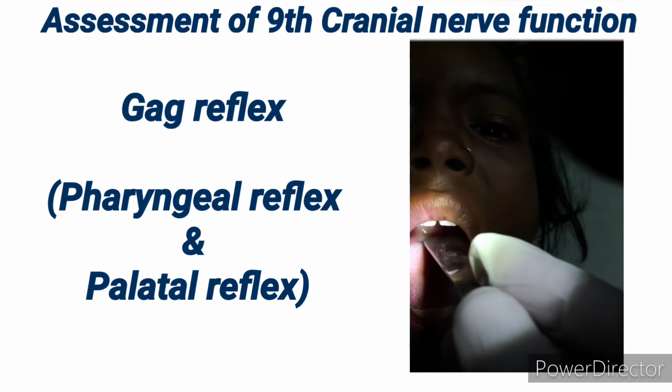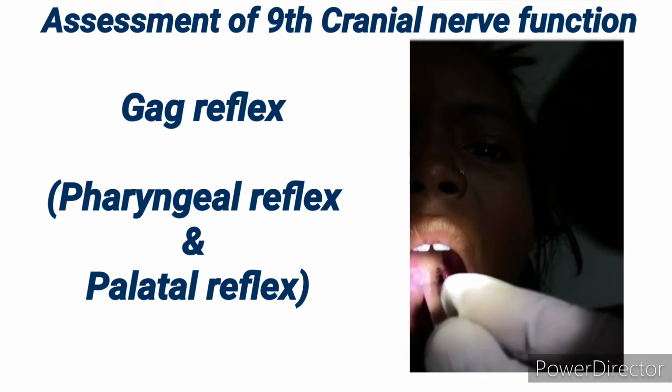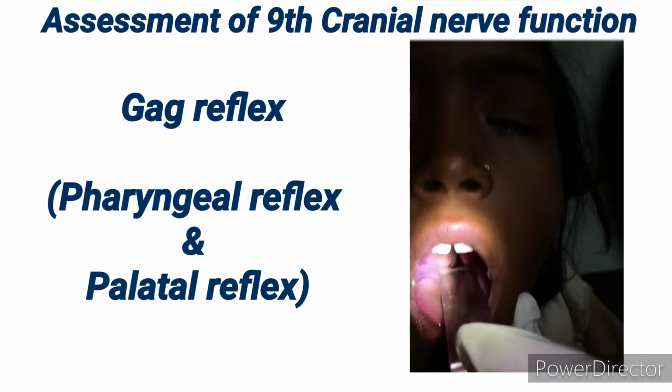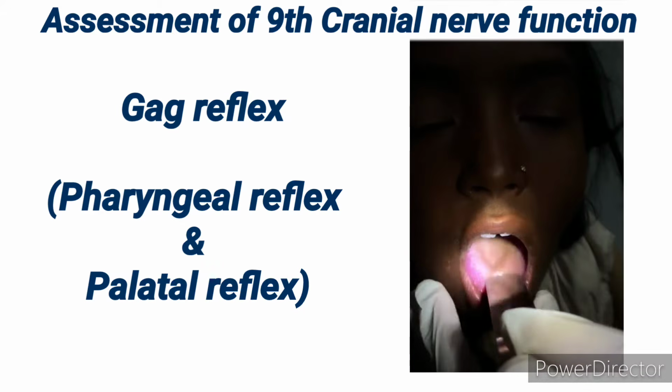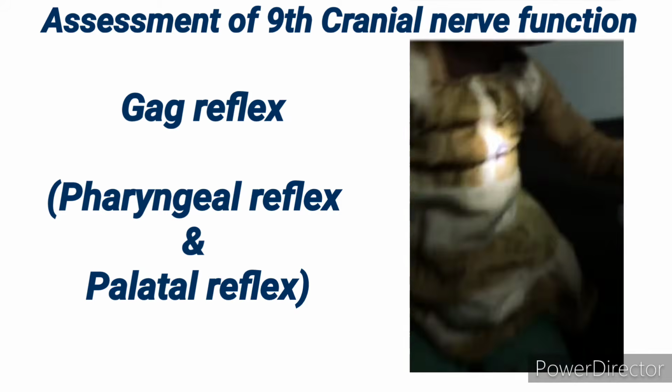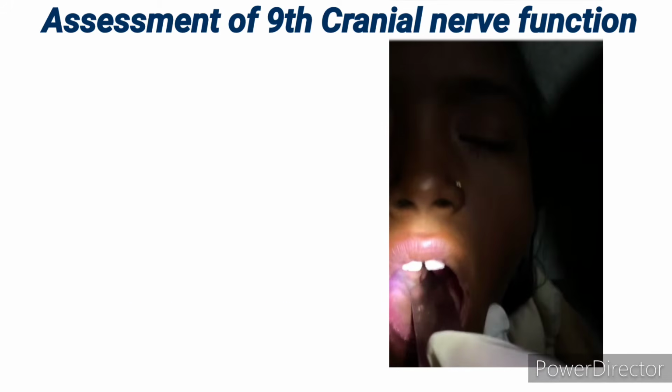In response, there will be elevation of the soft palate and uvula, constriction of the oropharynx, and also closure of the glottis to protect the airway. So these three mechanisms occur together when we perform the gag reflex.